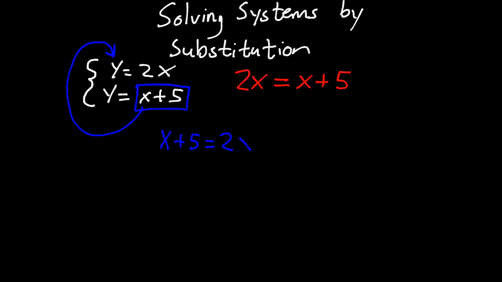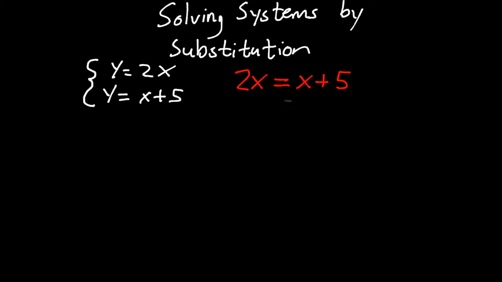So we're going to stick with our first one, which was in red, and we want to solve for x. I know 2x equals x plus 5. Well, if I'm going to solve for x, all my x's have to be on the same side of the equation.